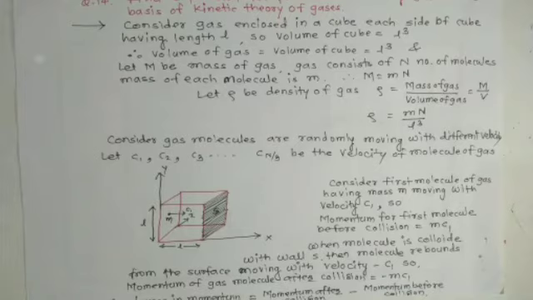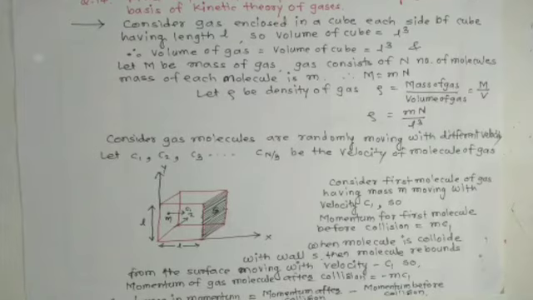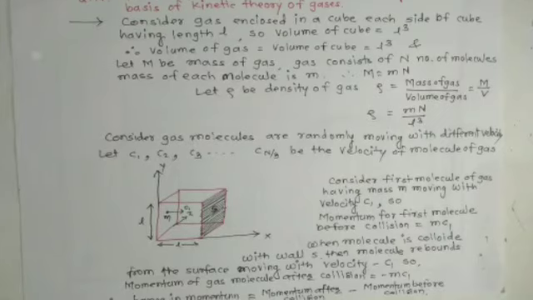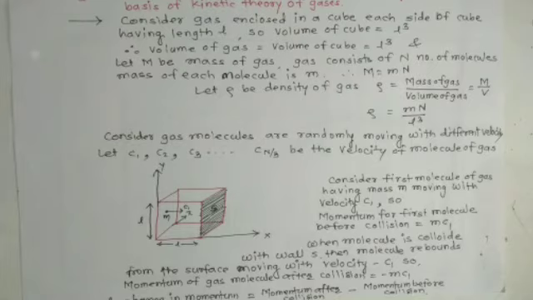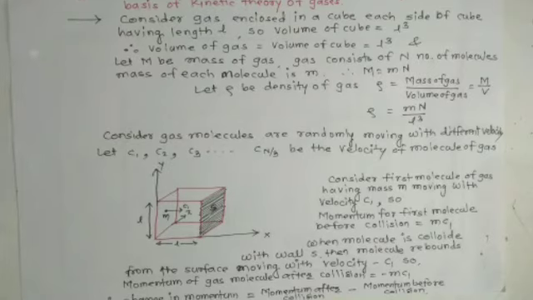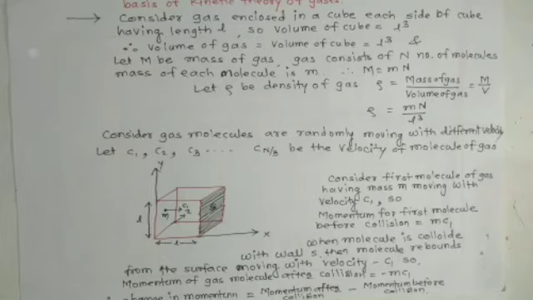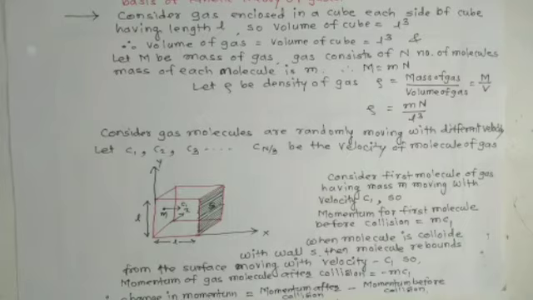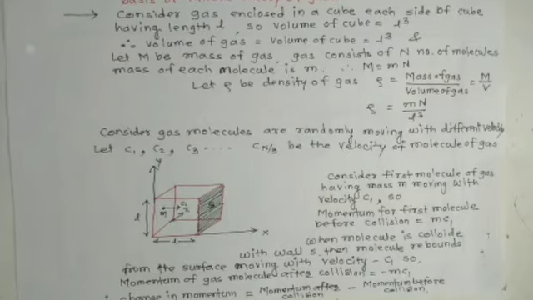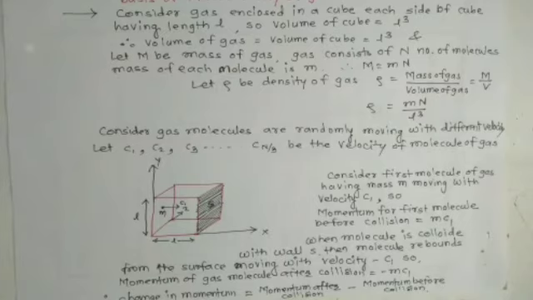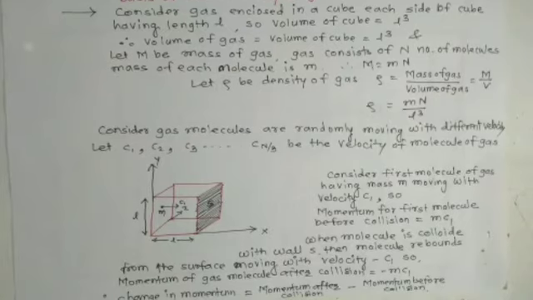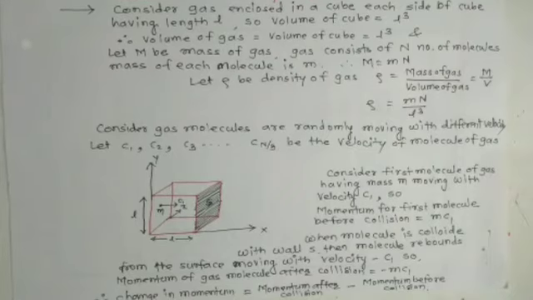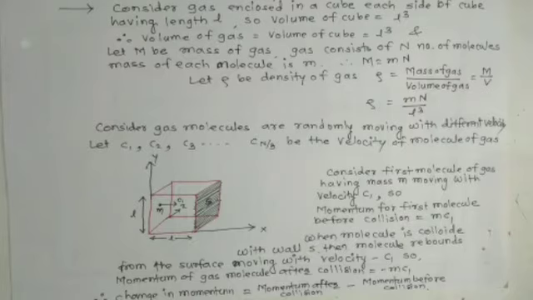We know that rho is the density of gas, so rho equal to mass of gas upon volume, M upon V. Here we can also write rho equal to m capital N upon L cube. Consider gas molecules. These gas molecules are randomly moving with different velocities. Let C1, C2, C3 up to Cn be the velocities of the gas molecules.